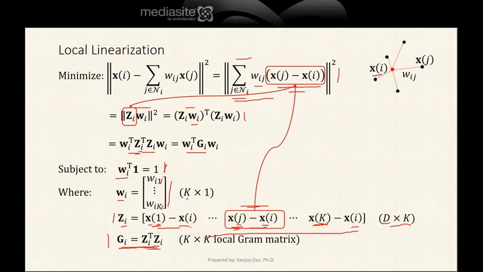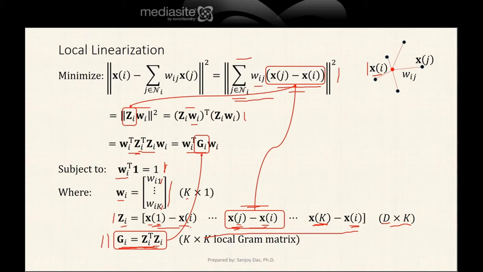So it is, in fact, a gram matrix. It's not the normalized gram matrix where everything is shifted according to the mean. It's another form of the gram matrix, and it's local to this point xi. That's why I call it a local gram matrix. And that is the same as this Gi here.